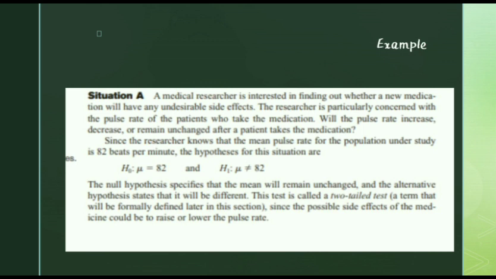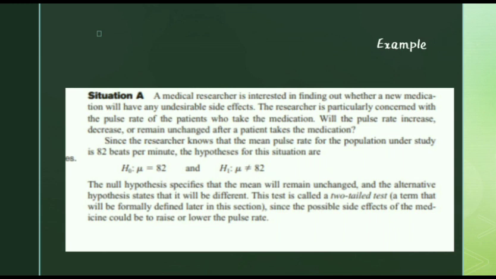Situation A. A medical researcher is interested in finding out whether a new medication will have any undesirable side effect. So, the researcher is particularly concerned with the pulse rate of the patients who take the medication. Will the pulse rate increase or decrease, or remain unchanged after a patient takes the medication?